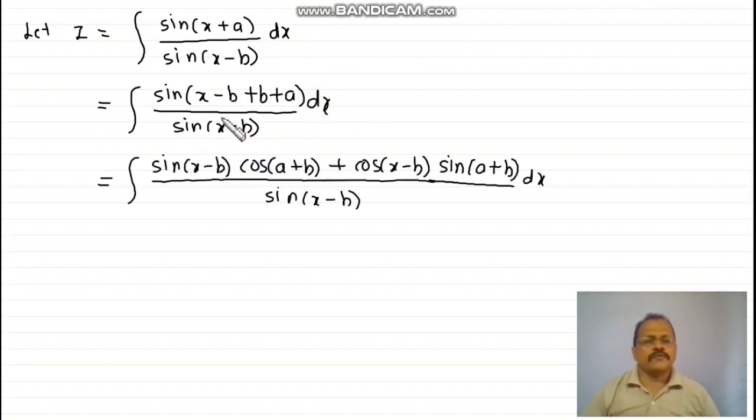Using the formula for sin a minus b, we have this step: sin of x minus b cos of a plus b plus cos of x minus b sin of a plus b, upon sin of x minus b dx.